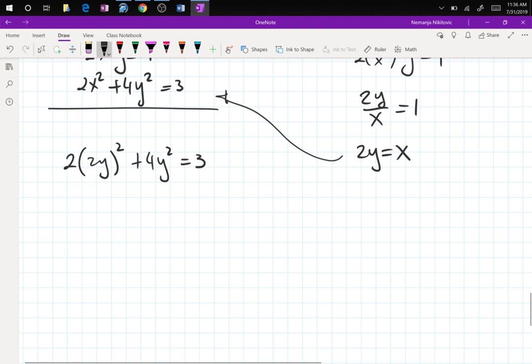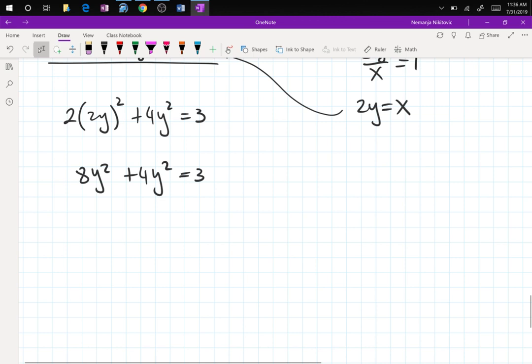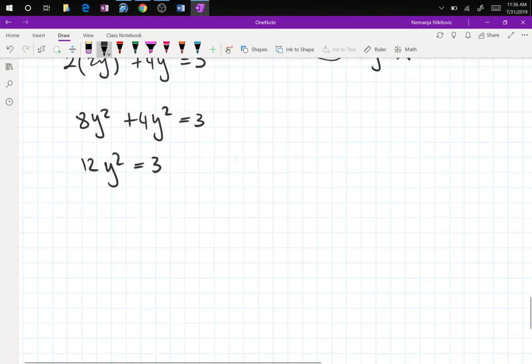Two squared is 4, times 2 is 8 y squared, plus 4y squared is equal to 3. There will be 12 y squared equal to 3, from where y squared is equal to 1/4. And finally, y is equal to plus minus 1/2. Write this in blood next to it.